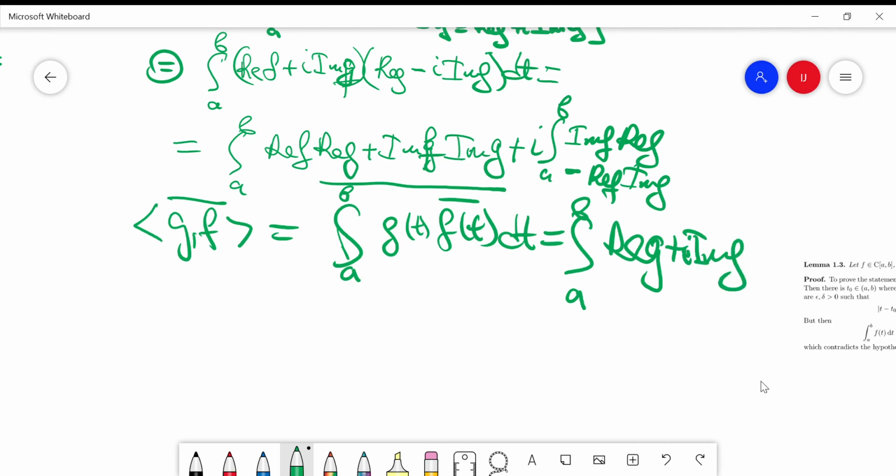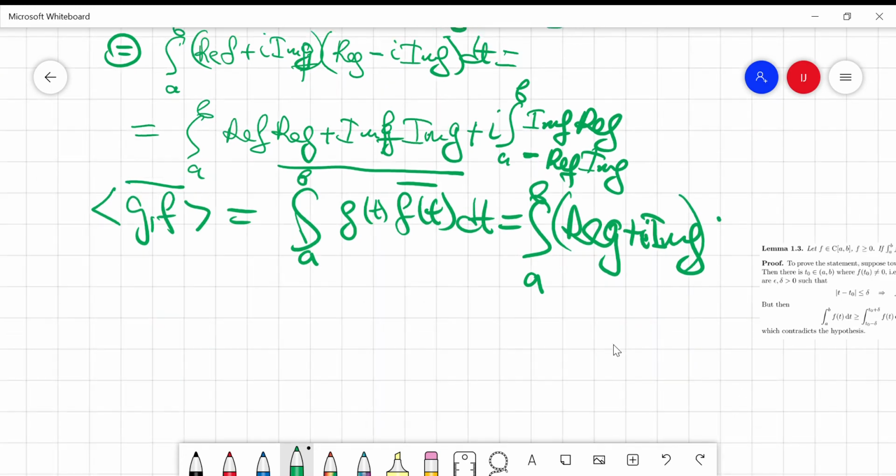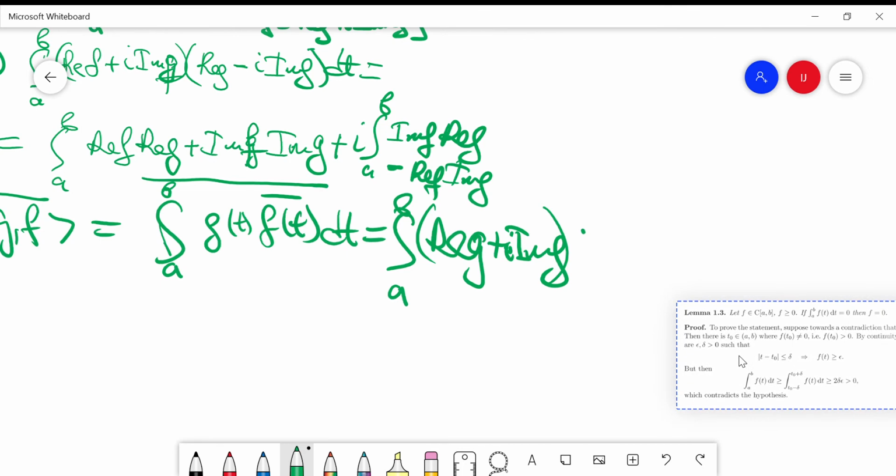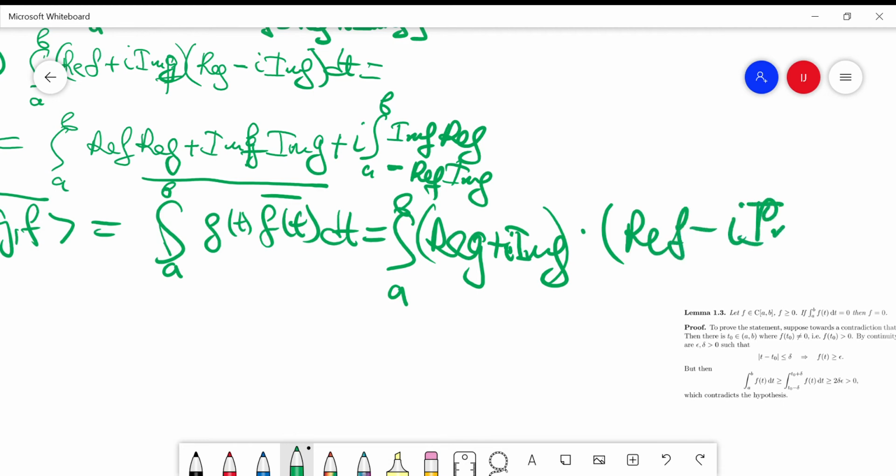Again, the real part and imaginary part of the g function. If you expand this, you will see we have exactly the same thing as before.